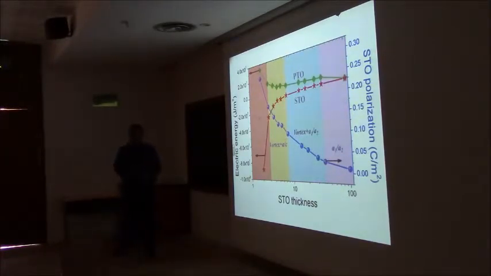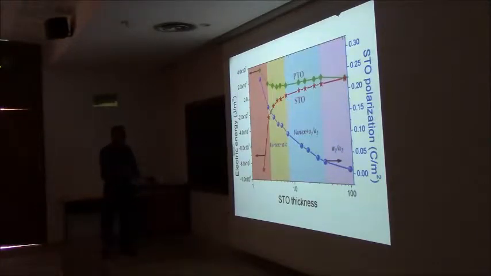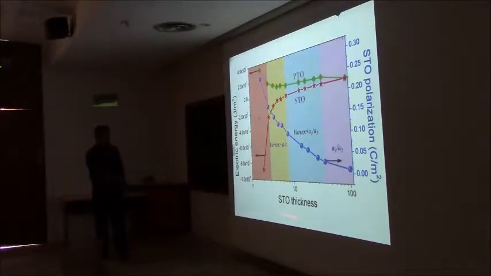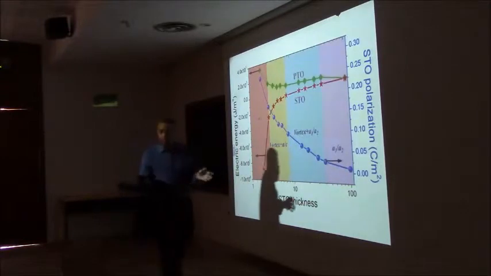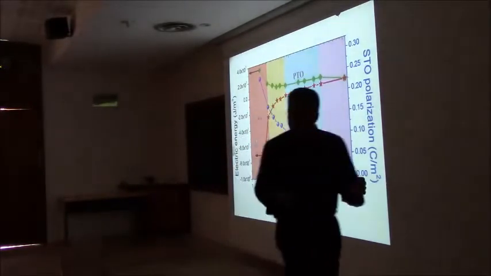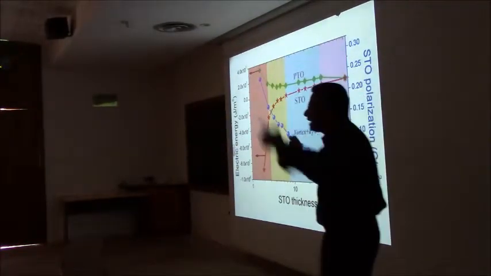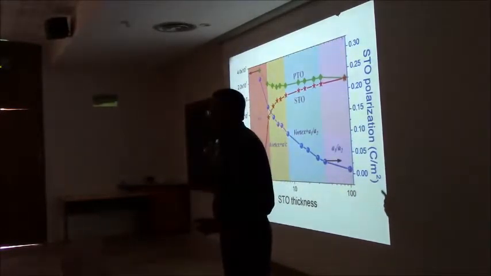Okay, so yesterday Pavel talked a little bit about what happens with the STO thickness. We have mapped out, at least theoretically, with phase field modeling, the dependence on the strontium titanate layer thickness. And you can see that when the strontium titanate is only a few unit cells, let's say up to 5 unit cells, the presence of lead titanate on either side polarizes strontium titanate.